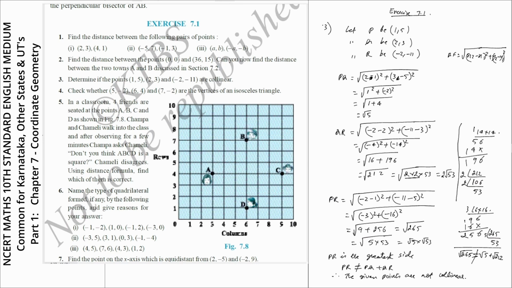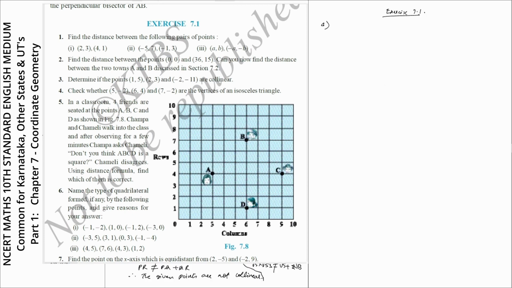Now you can check, root 5 into root 53 is not equal to root 5 plus 2 root 53. So these are not equal. That's why we conclude that the given points are not collinear.